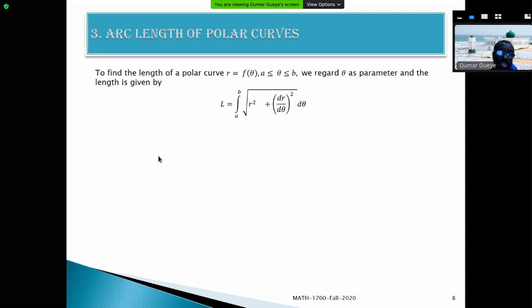Because in that case, you have to express x and y in terms of theta first, because you guys know x is going to be r cosine theta and y is r sine of theta, and r is right here given. And to save time, it's better to use this formula.